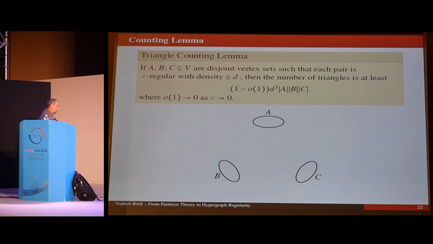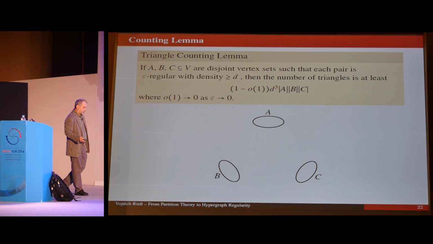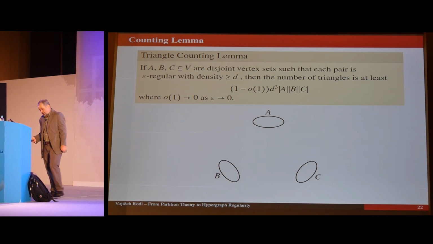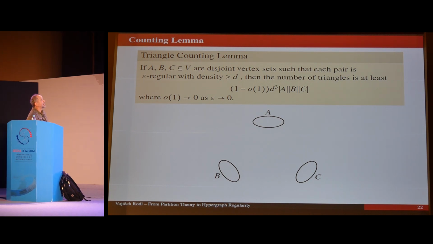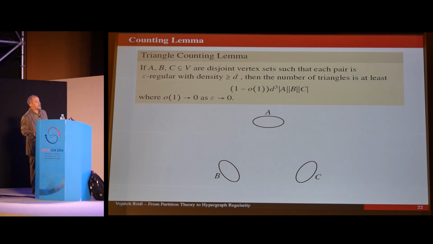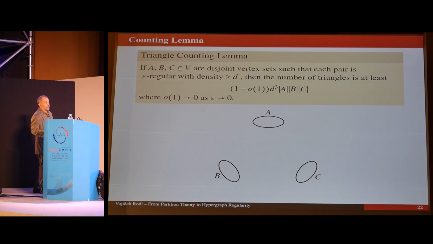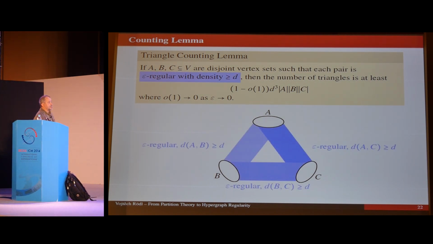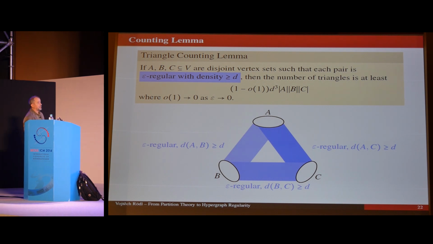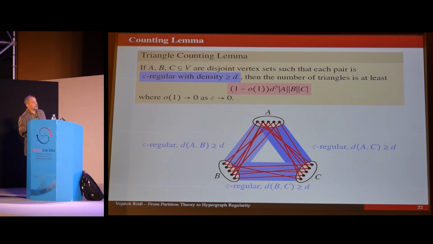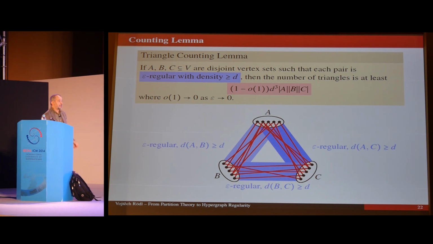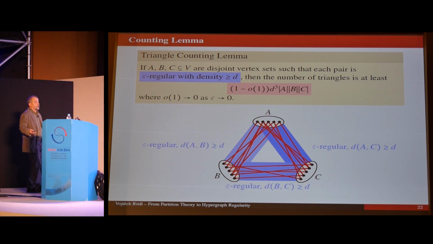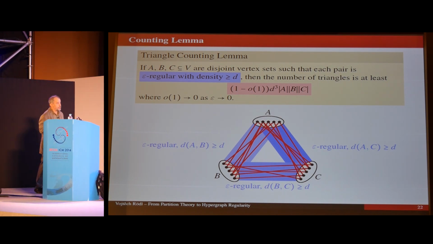As I said, another tool we will be using is the counting lemma. The counting lemma says that if we have 3 disjoint vertex sets, and each pair has density at least d and is epsilon-regular, then the number of triangles with one vertex in each set is at least what it would be in the corresponding random graph, which is d cubed times the cardinality of |A||B||C|.